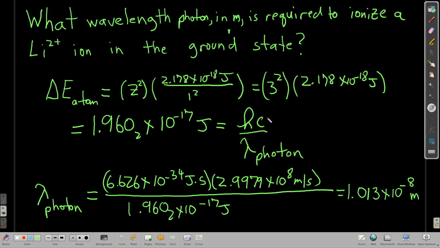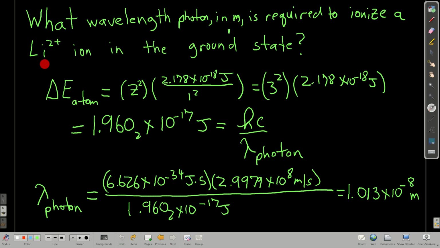So here's another example. Let's say we want to find out the wavelength of a photon in meters that's required to ionize a lithium 2+ ion that's in the ground state initially. So remember, ionize means to completely remove that electron, so n final is infinity, and 1 over infinity squared goes to 0.